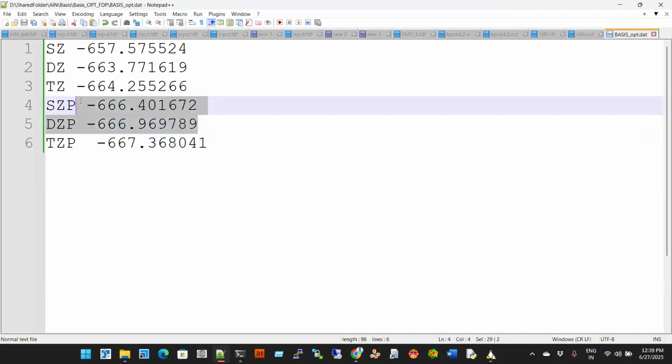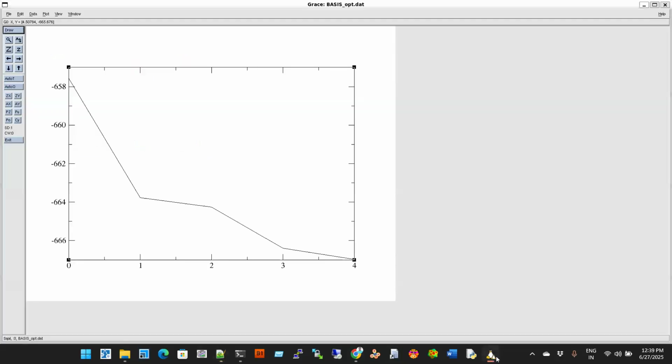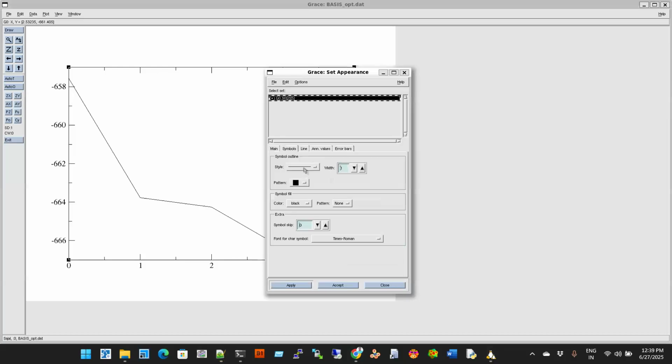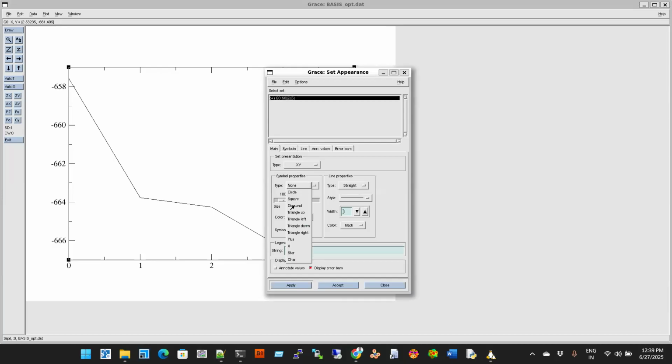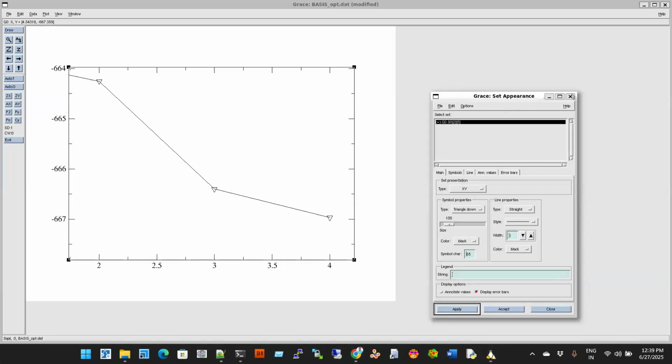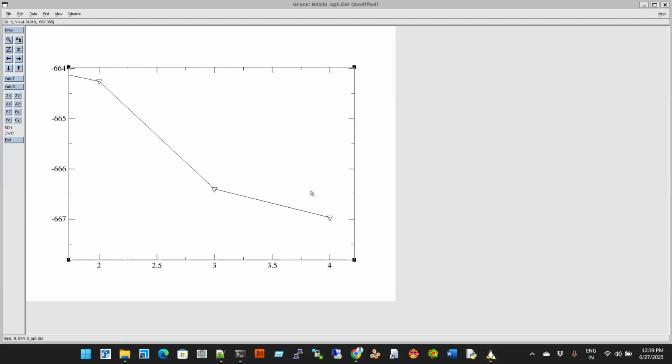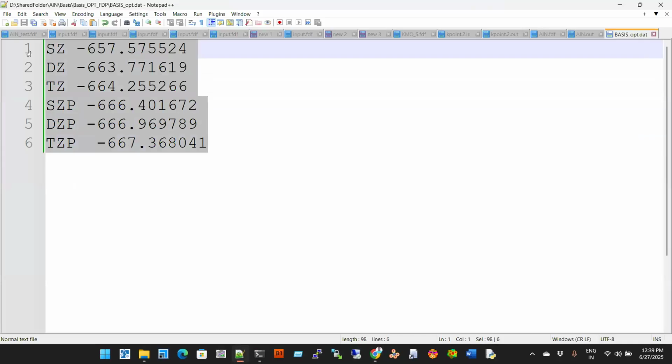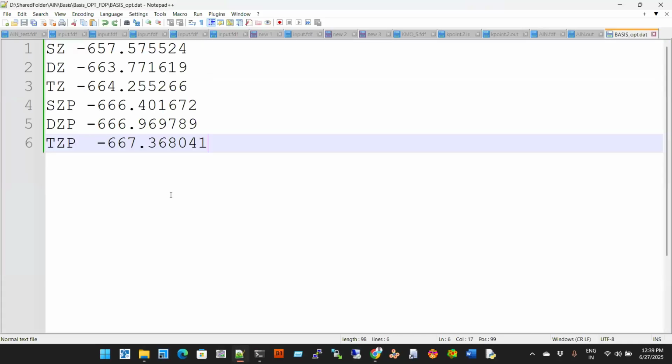I think these 2 points are very close, and that is creating an issue. We can also use Excel or Origin or some other software as well.